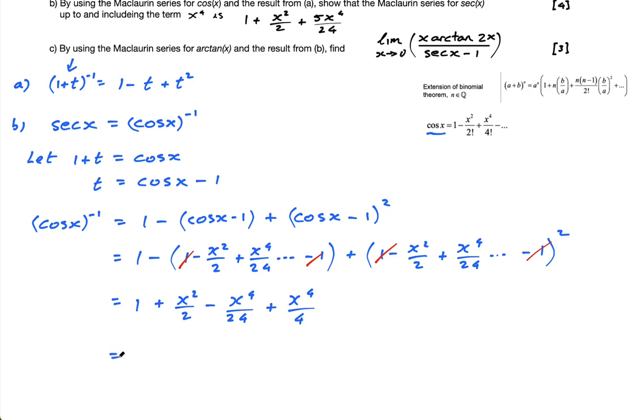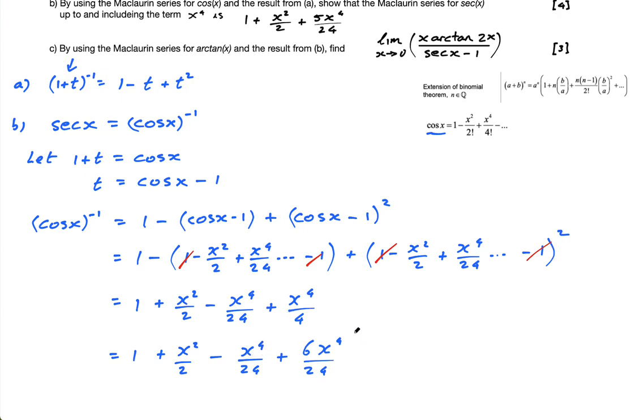I just have to turn that into 5x to the 4 over 24. So let's just do that very quickly. They do say show it. So it's plus x squared over 2 minus 1x to the 4 over 24 plus 6x to the 4 over 24 using equivalent fractions. 6 over 24 is the same as 1 over 4.